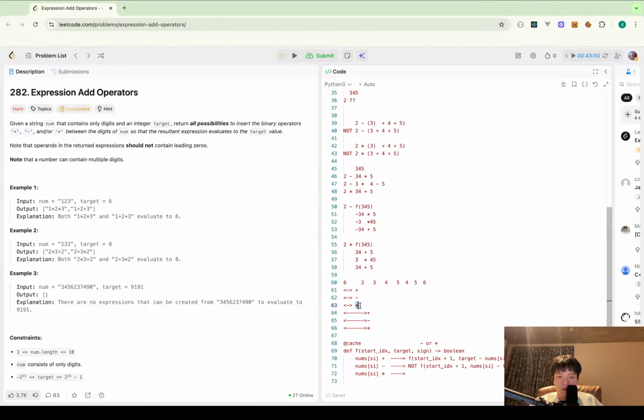Okay, so when I take multiplication, let's think what happens next. I have to multiply something to the first chunk.